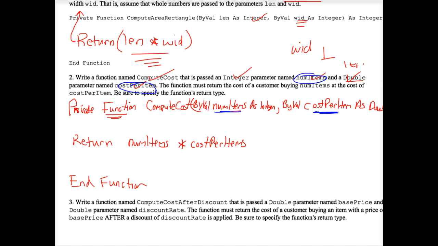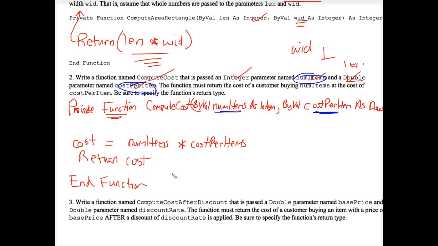Some people, however, like to make things a little bit harder, and if that makes it more readable, I'm okay with that. Instead of returning that directly, they store that in a variable, perhaps called cost. So all of that's stored in cost, and then we return cost.